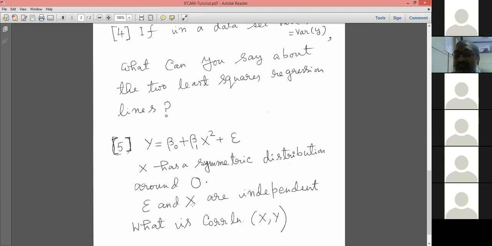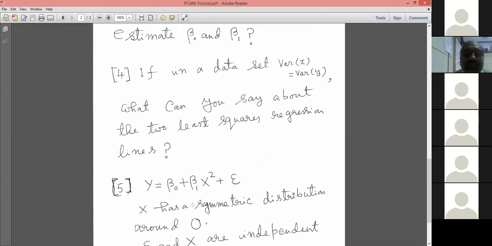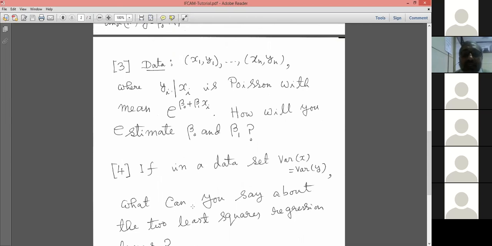Sir, in question number 3, in the Poisson model, whenever I am writing the likelihood, I am taking the likelihood of y1 given x1 and y2 given x2. Yes.